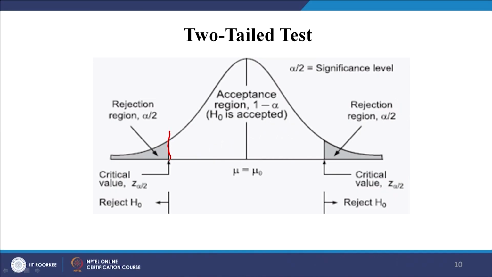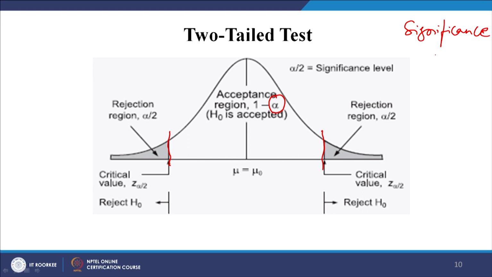Okay. Now, let us look at this, it is I think very clear. Up to this is my acceptance region, H0 is accepted. Now, what is this alpha? This alpha is called the significance level.